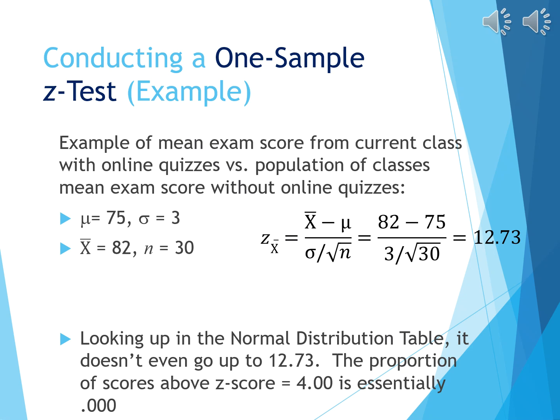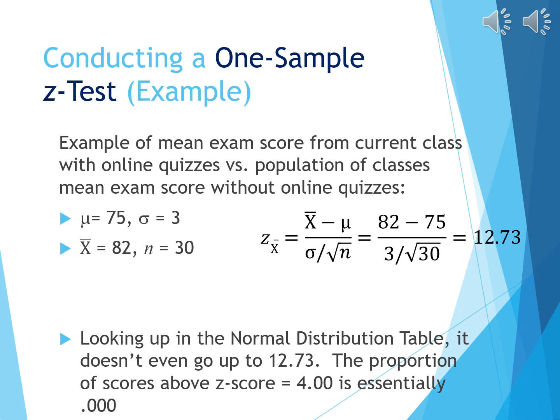And we can figure out where our sample mean falls within that distribution of means. So you take the sample mean, 82, X bar, and you subtract the population mean, mu, from that. So you're finding the deviation basically between the sample mean and the population mean.